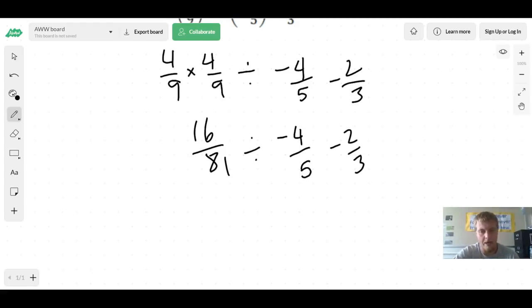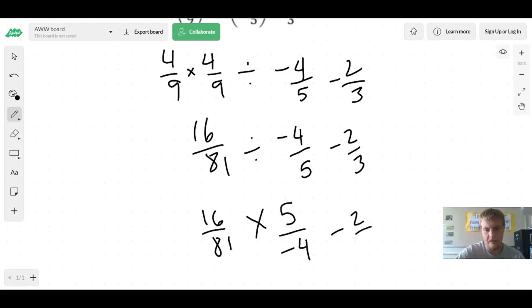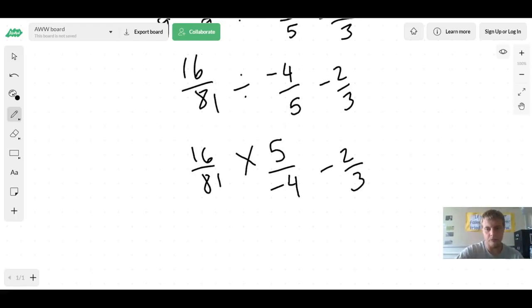If you remember how to divide fractions from before, they have a keep, change, flip rule, but really what you do is you multiply by the inverse, which we would flip that over. And again, multiplying fractions is the same: you multiply the tops and you multiply the bottoms.